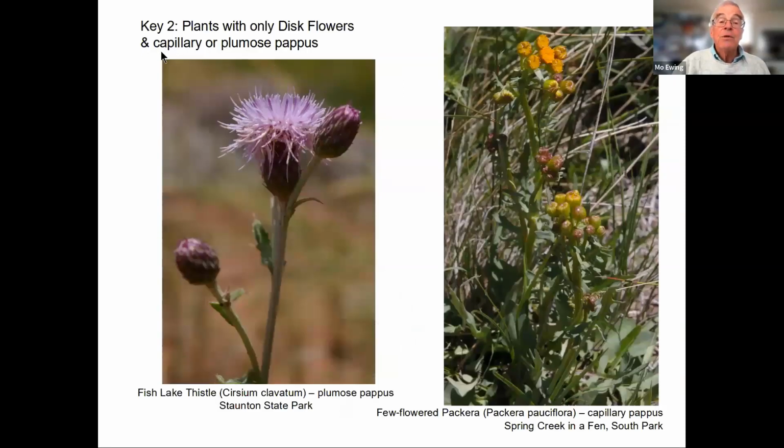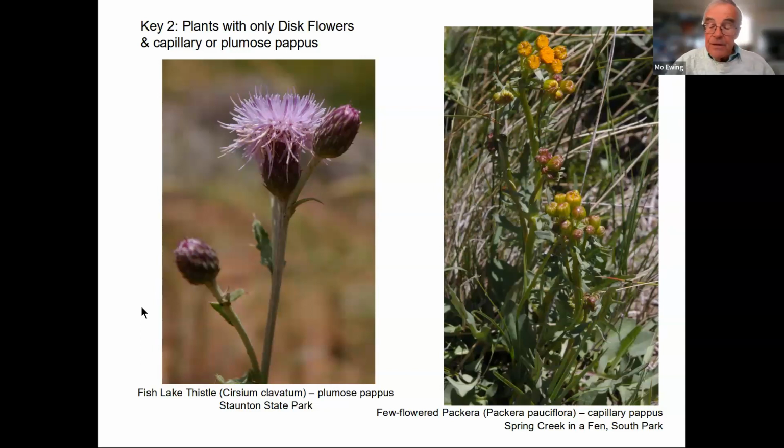But disc flowers with capillary or plumose pappus. Okay. And here are a couple of examples. Heads with only disc flowers or inconspicuous rays. Pappus capillary or plumose.